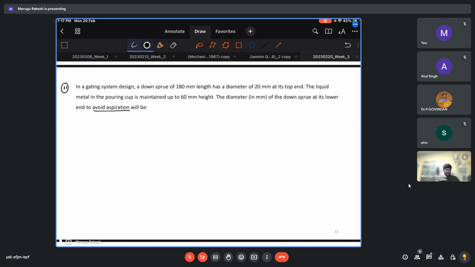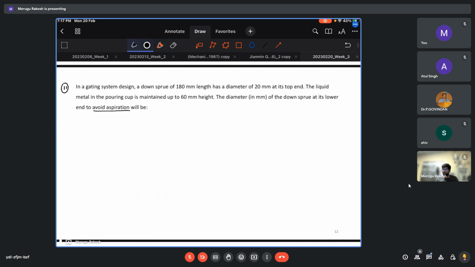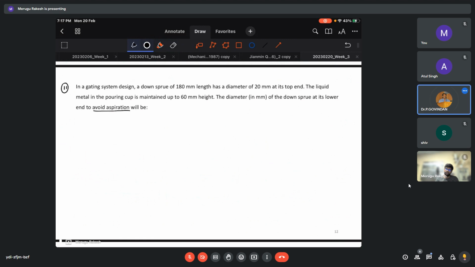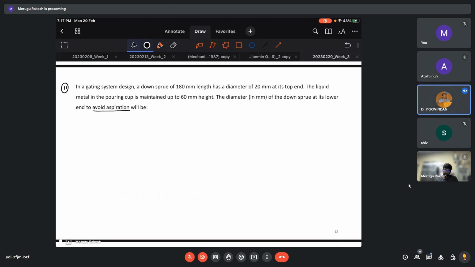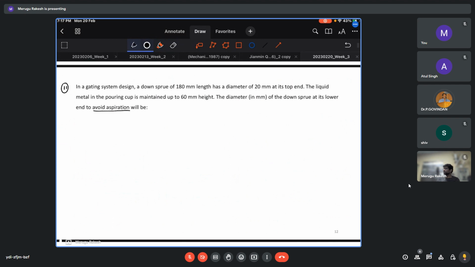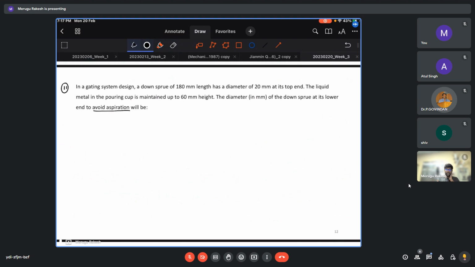Does anyone remember the condition for the aspiration effect?